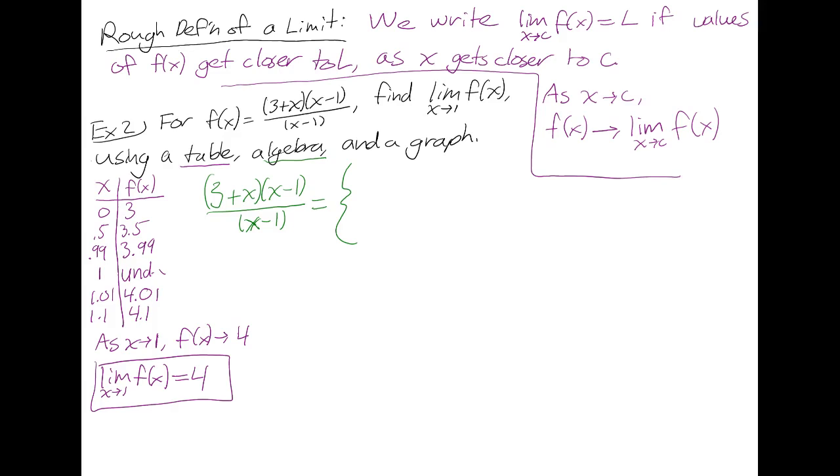So this is actually just equal to 3 plus x, but only if x is not equal to 1. But if x is 1, then this becomes 0 over 0, and it's undefined. It doesn't exist.